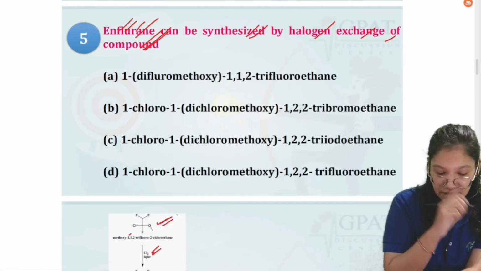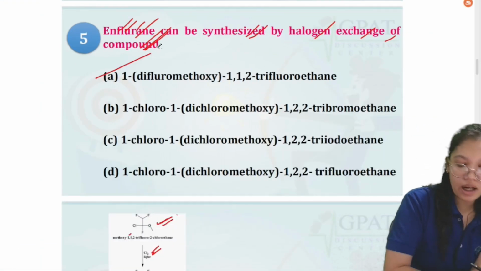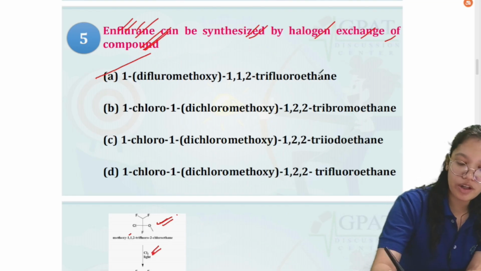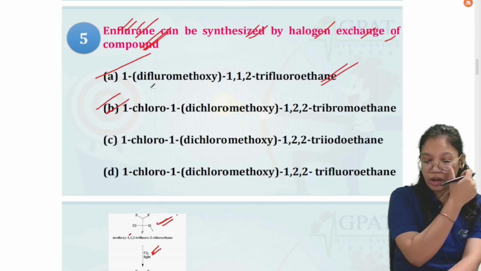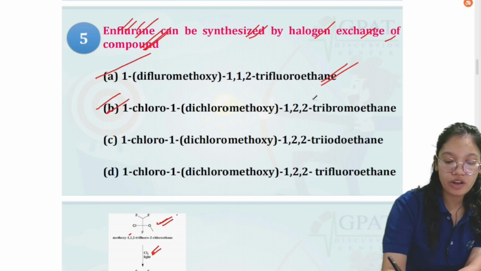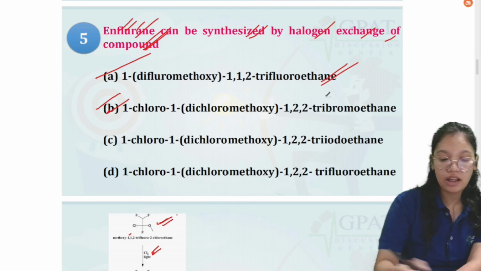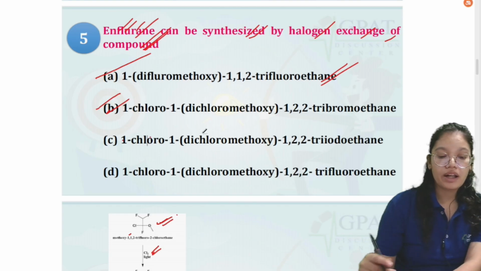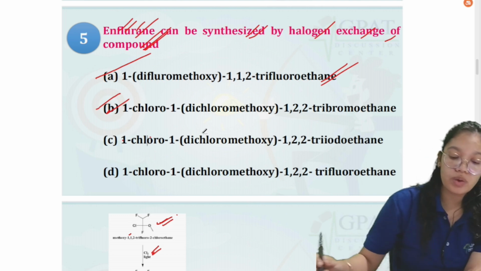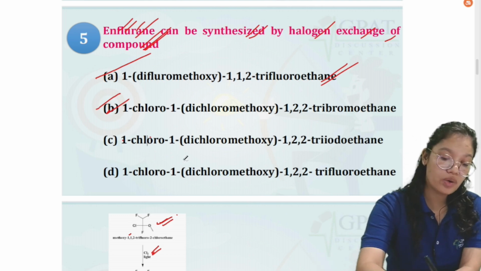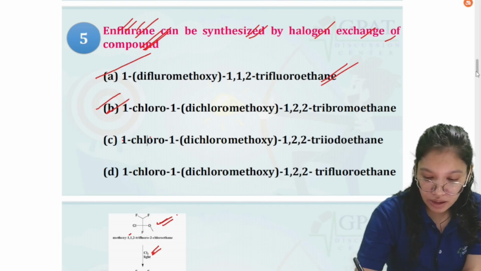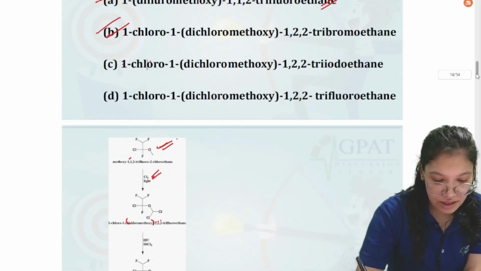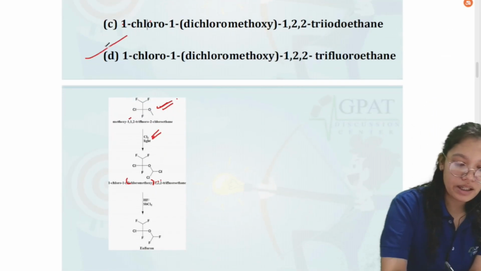It says 1-dichloromethoxy-1,1,2-trifluoroethane, or 1-chloro-1-dichloromethoxy-1,2,2-tribromoethane, or 1-chloro-1-dichloromethoxy-1,2,2-triiodoethane, or 1-chloro-1-dichloromethoxy-1,2,2-trifluoroethane. So here we can see that D is the answer.